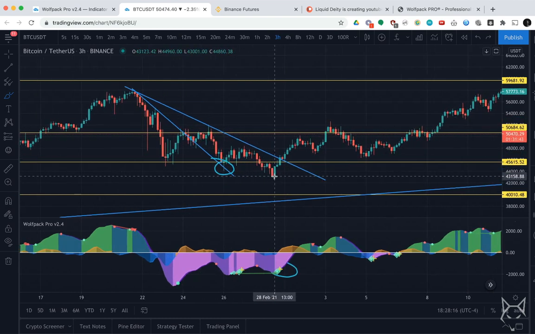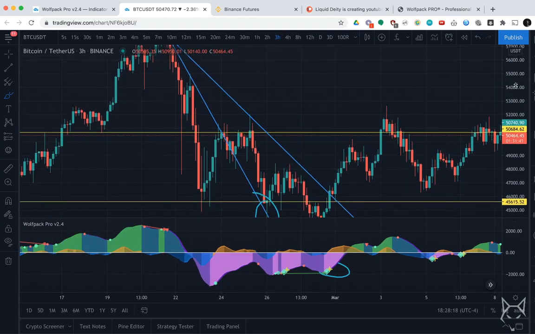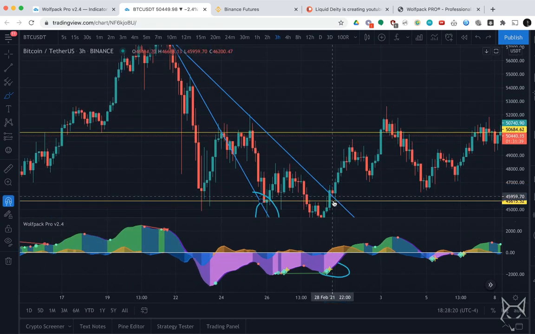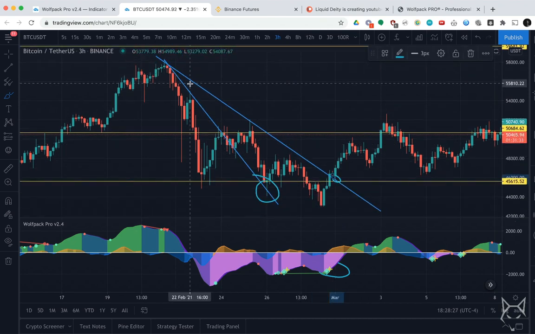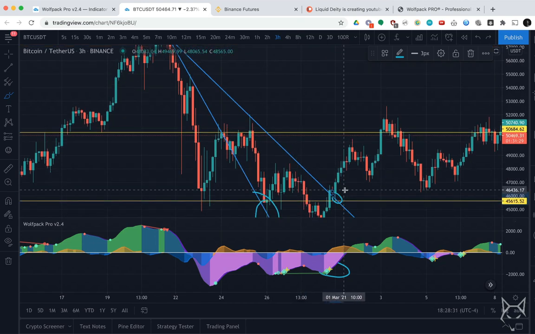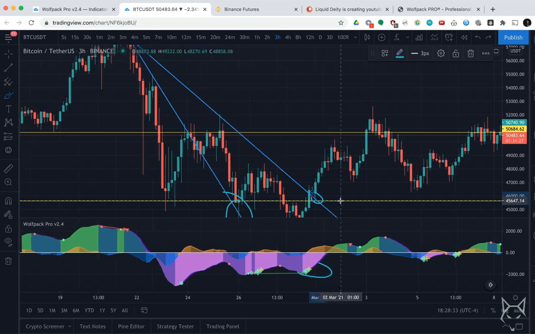But as soon as we cross up out of it, we have the retest right there. We have one downwards candle. This wick comes down and touches. It's also touching not just the bottom of this cone, it's also touching the support. So this is perfect. This is a beautiful long.